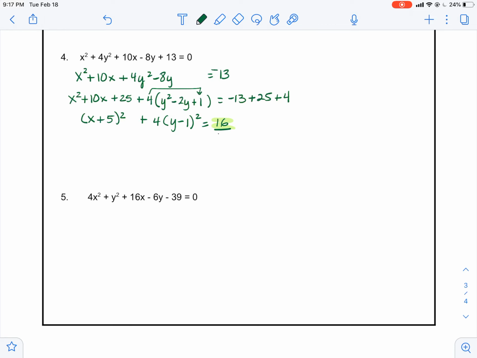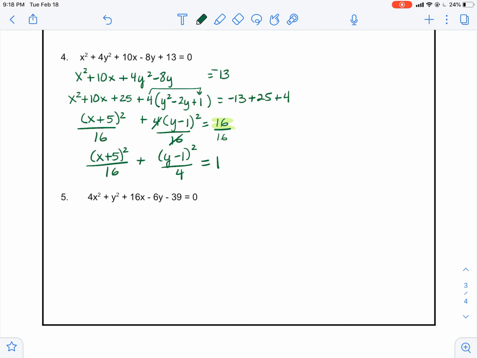So all I'm going to do is divide everything by the 16. And when I do that, I have x plus 5 squared over 16 plus, and in this case this is going to simplify, y minus 1 squared over 4 equals 1. And now there is my equation.